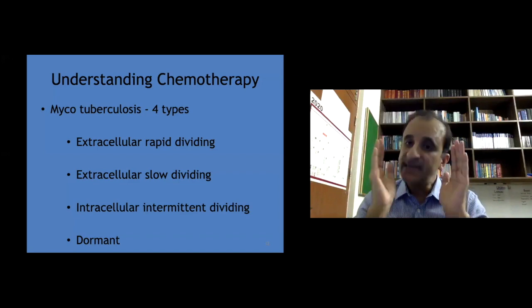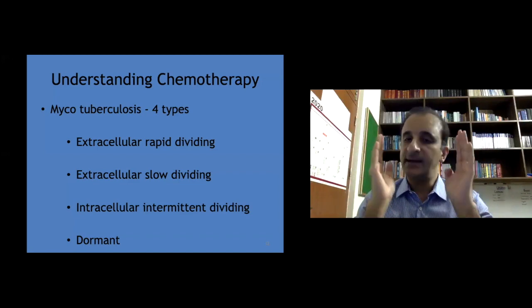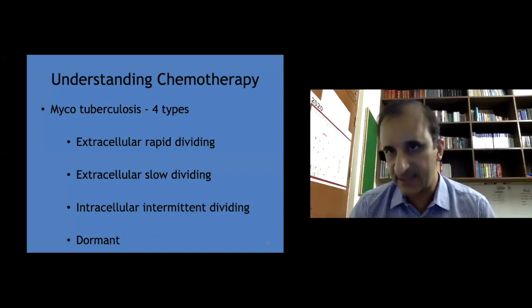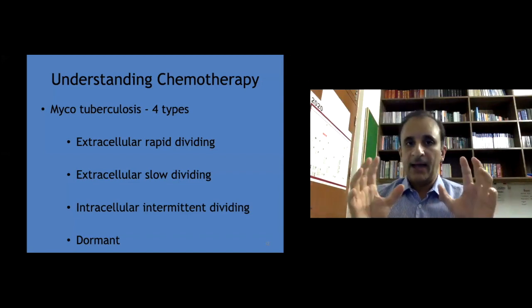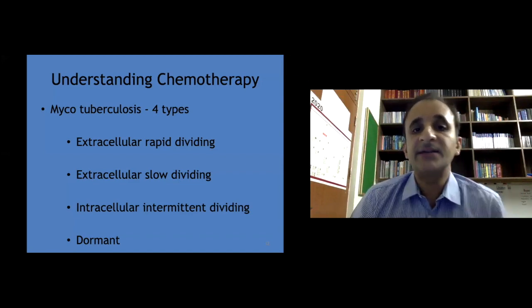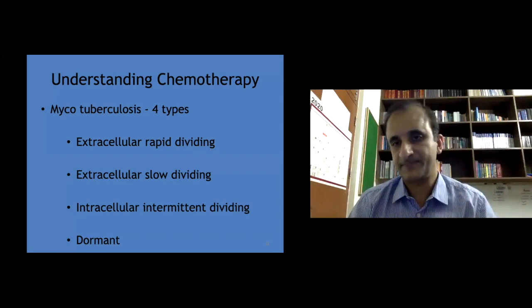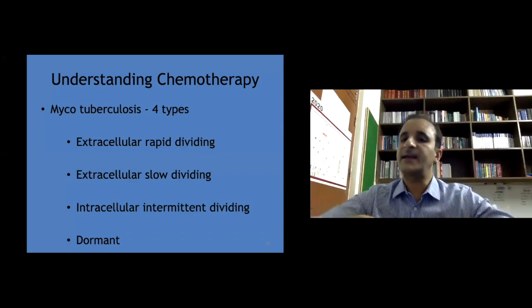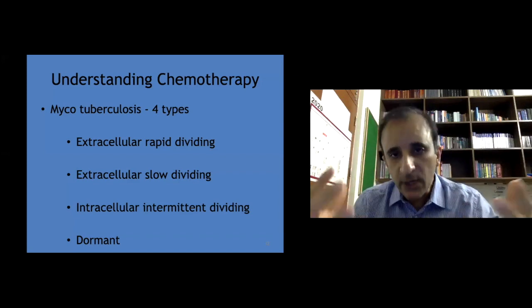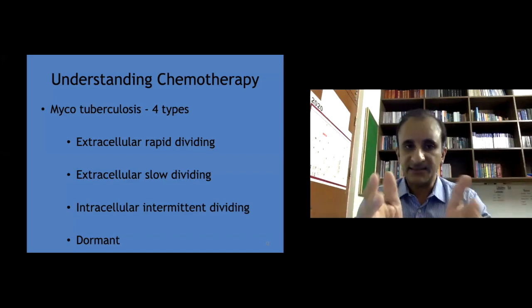So you need to get involved in the chemotherapy of the drug and not just leave it to somebody else. Now, the question that I ask here is, why do you have 4 drugs? Okay, why not like any other bacteria, just give one antibiotic? Why do you have 4 drugs? And I'll explain the reason.